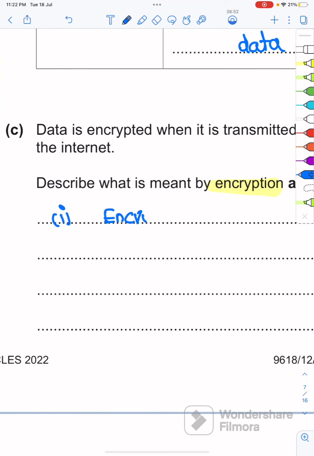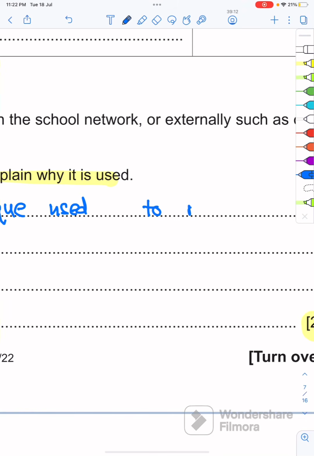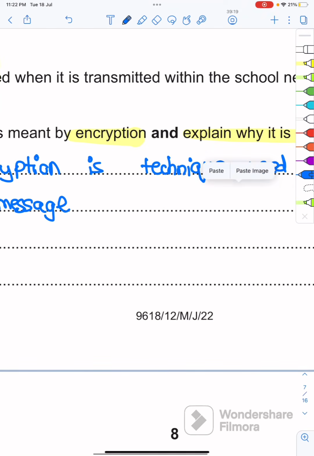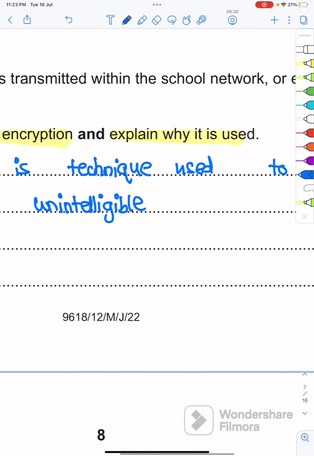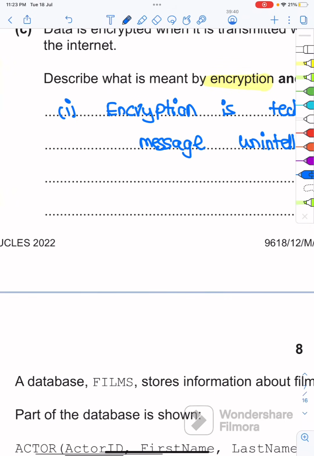Encryption is a technique used to make a message unintelligible or difficult. Unintelligible, that's just the word you should use. It is the technical term, right?